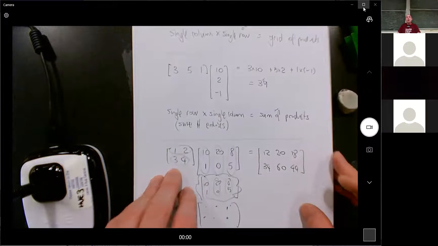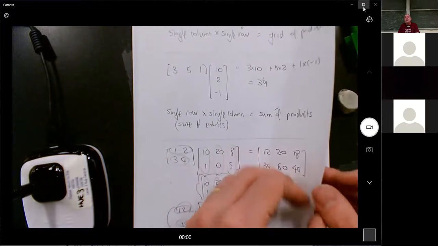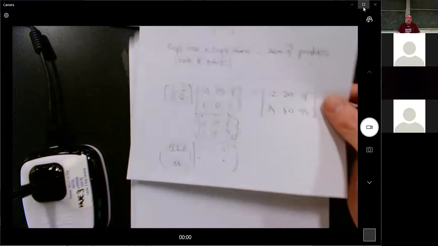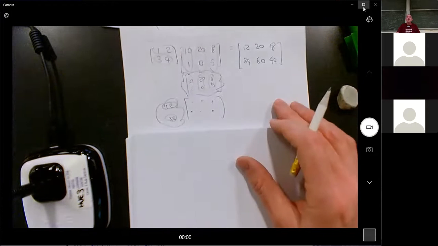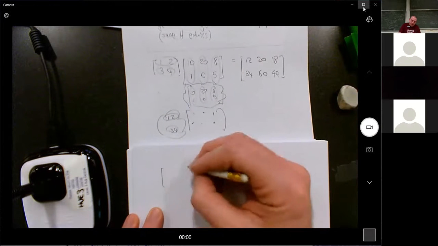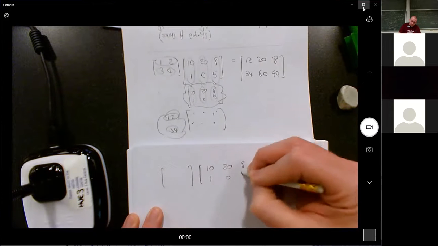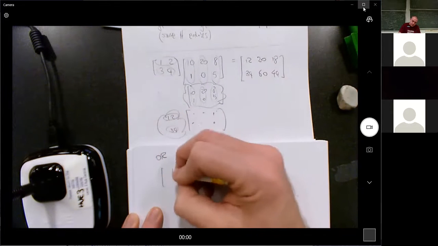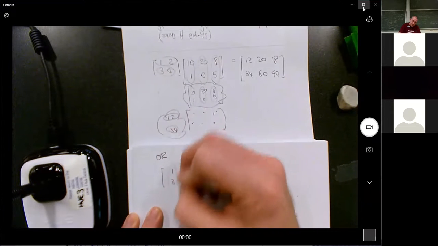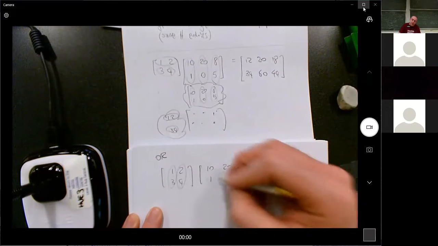Good, good, good. I want to show you the other way of multiplying matrices just because it's really cool. What if I saw it this way instead? And saw these as columns and these as rows?